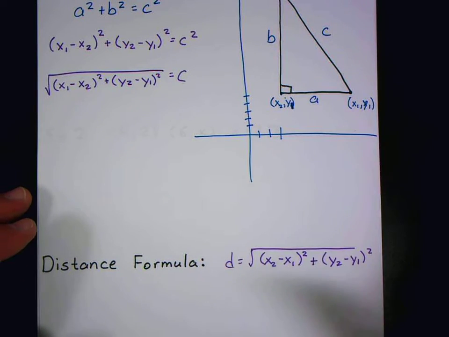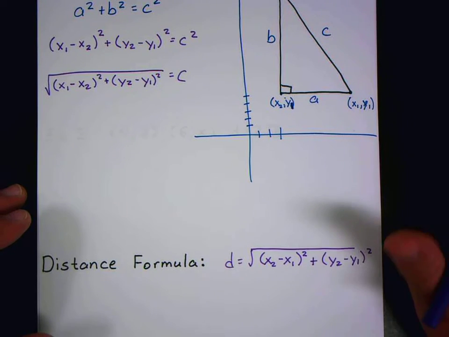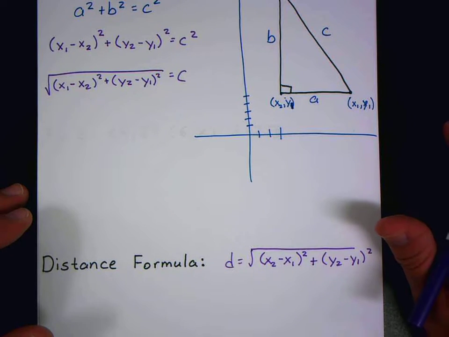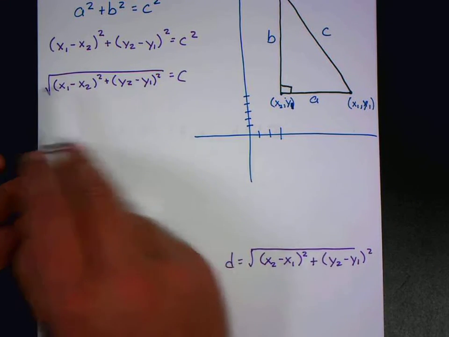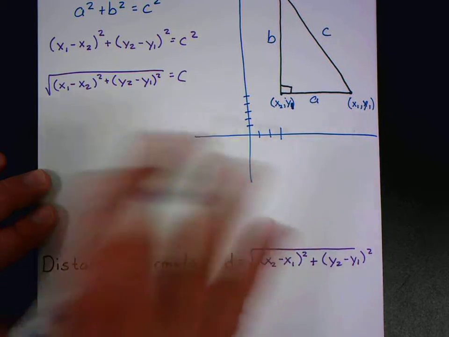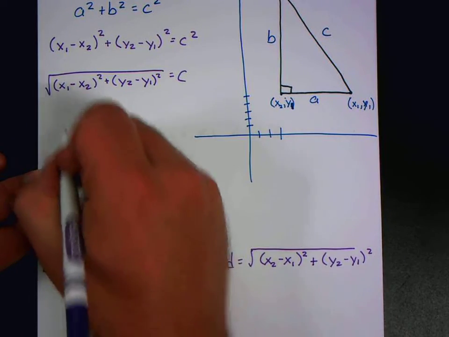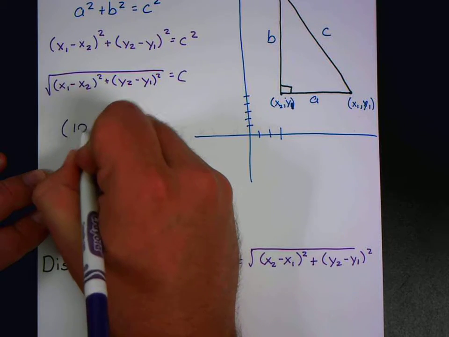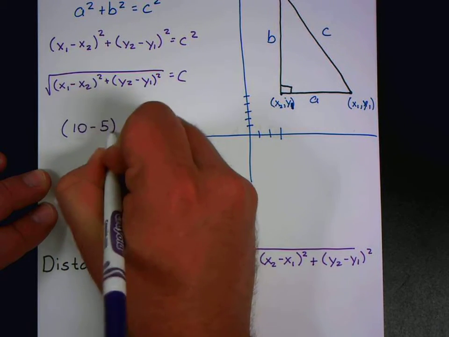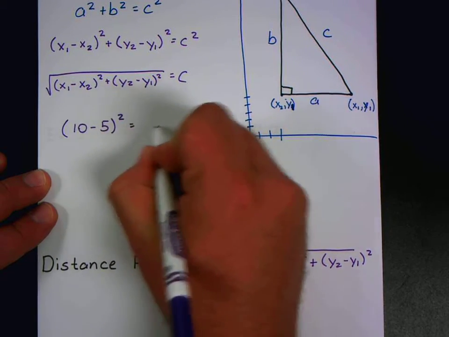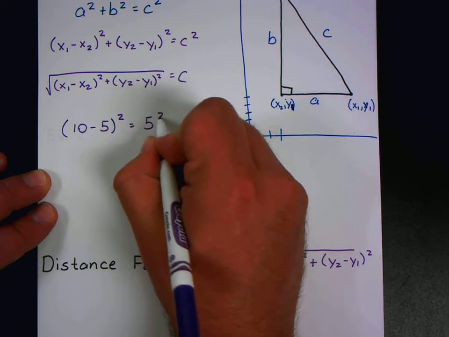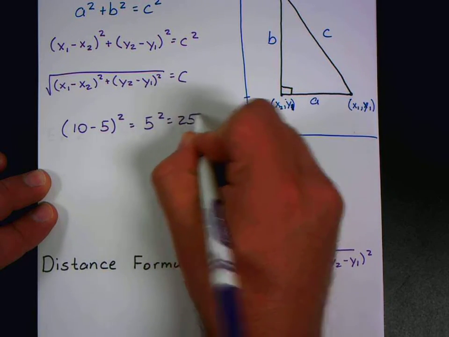The other reason is, since I'm squaring it, it really doesn't matter. Order inside these doesn't matter at all. If I take 10 minus 5 squared, that's 5 squared, which is 25.